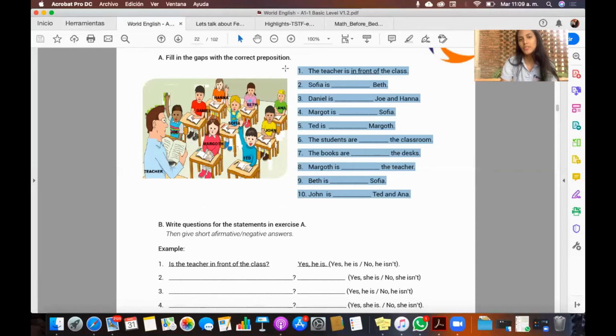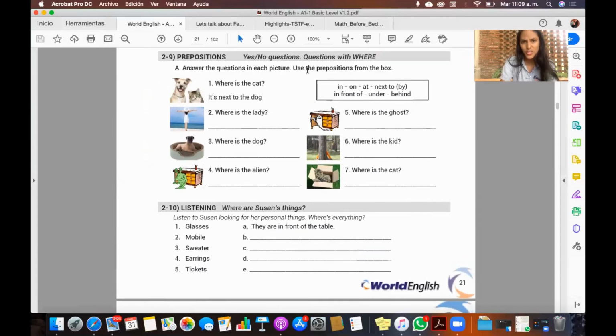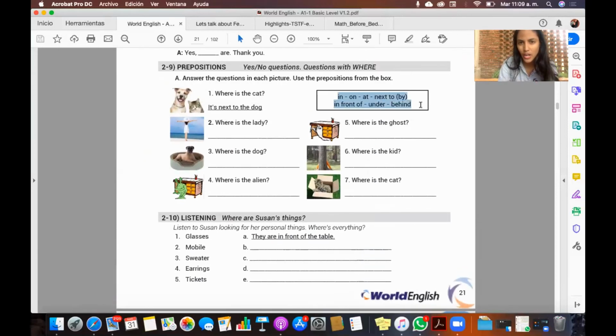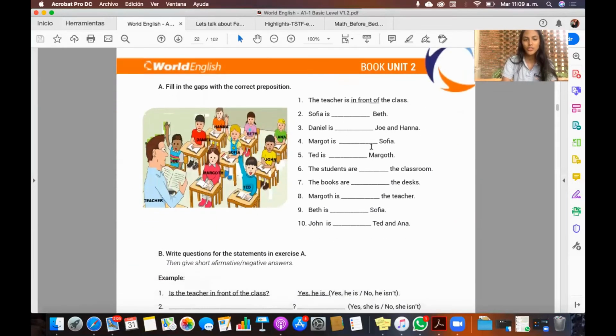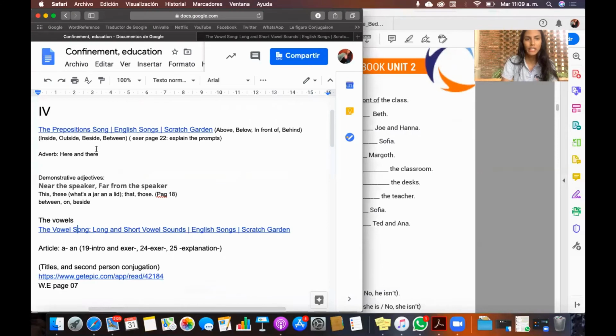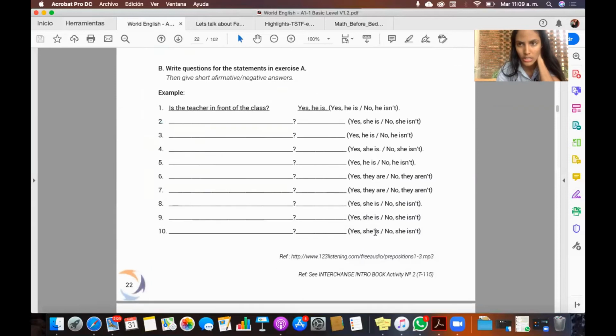So that's what we have to do here. Use the prepositions. Some of them are here. In, at, next to, in front of, under, behind. Oh, the ones we saw in the video, right? Above, below, in front of, behind, inside, outside, beside, between. So that's the exercise for this one, okay?